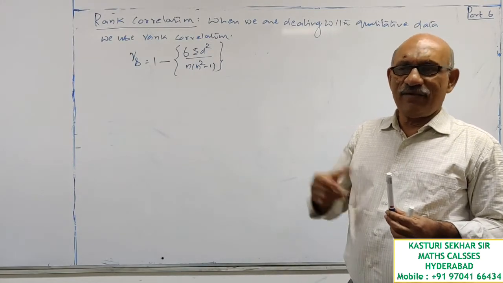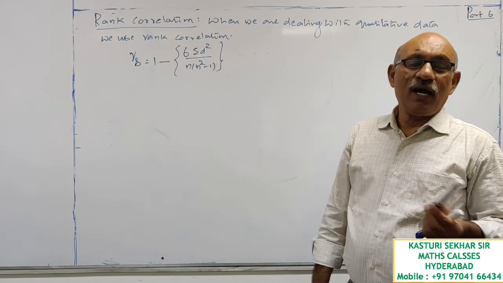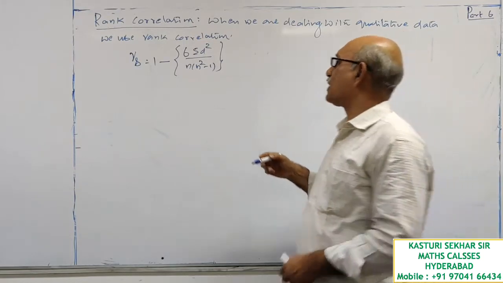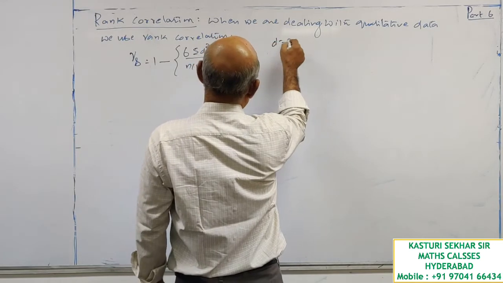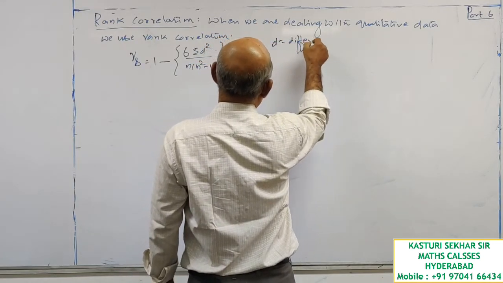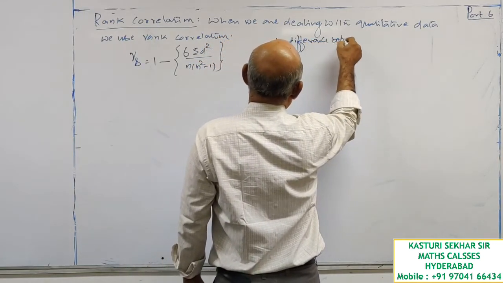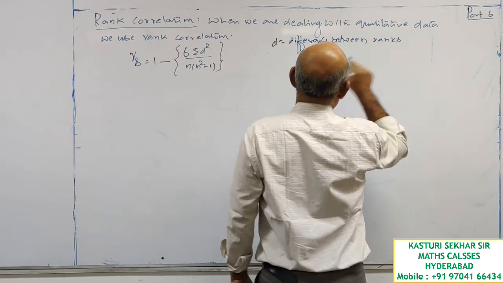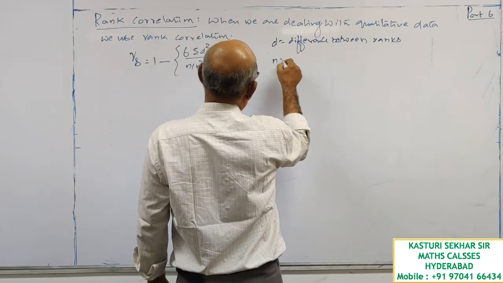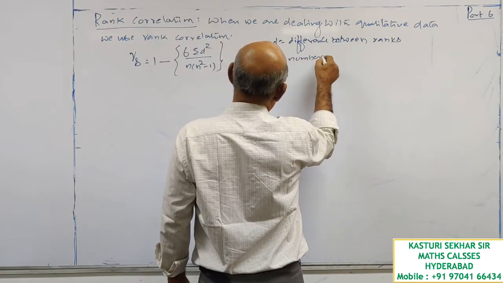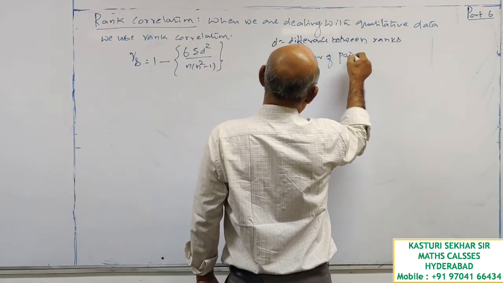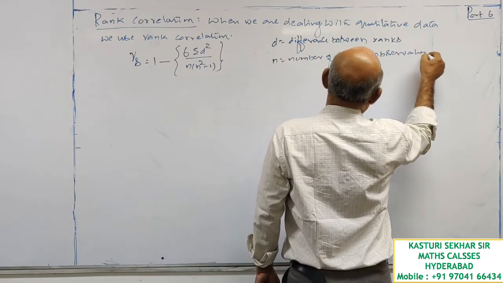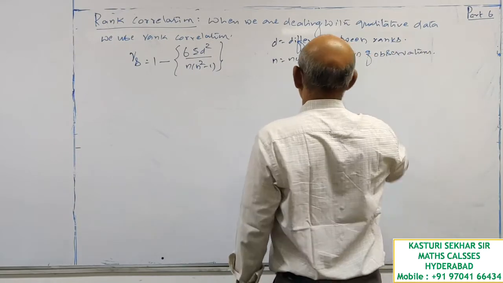Once rankings are given, numerical numbers are available, then we can calculate rank correlation, where d is equal to difference between ranks, n is equal to number of pairs of observations.